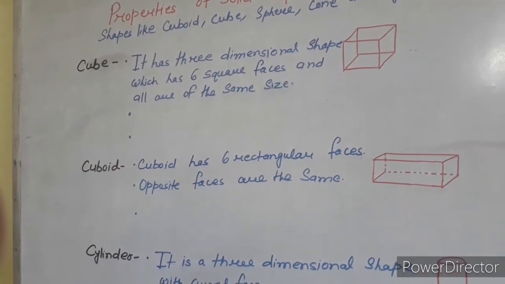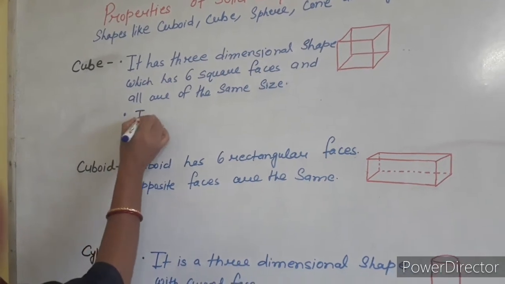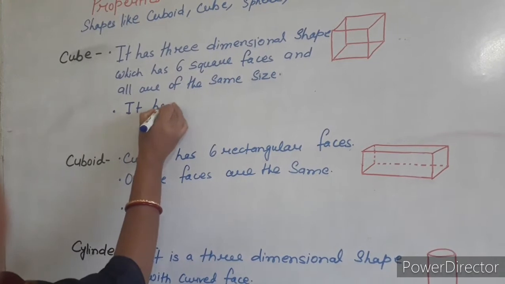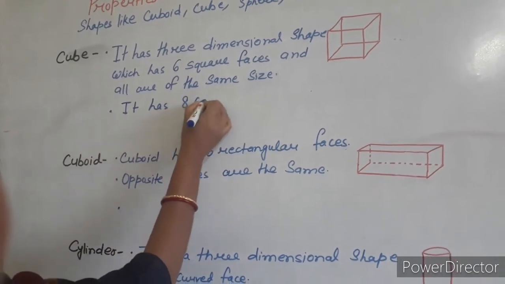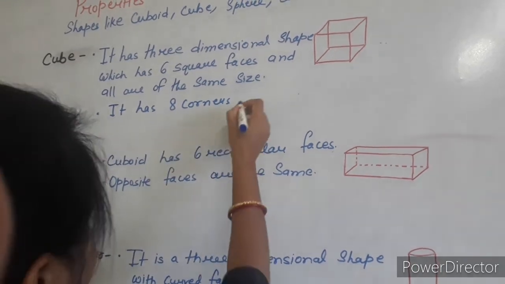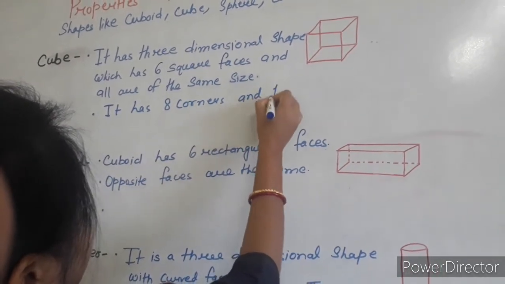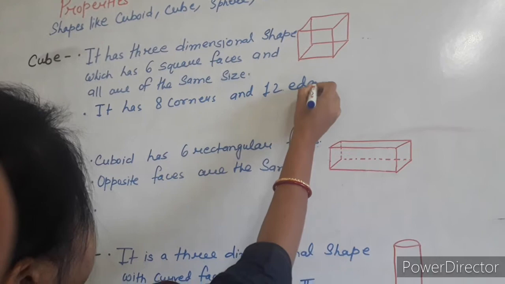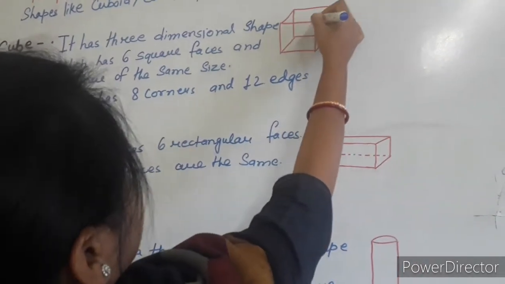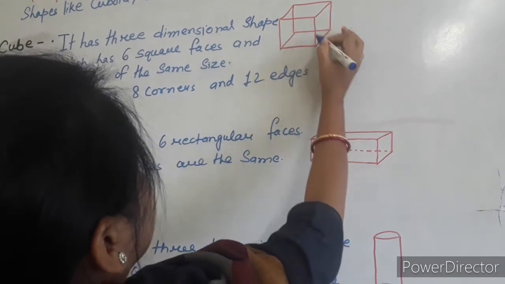The next point is it has 8 corners and 12 edges. How many corners are there? 8. 1, 2, 3, 4, 5, 6, 7, 8.